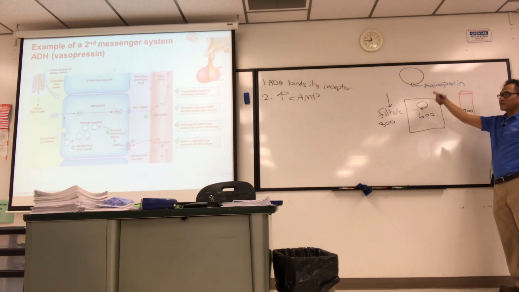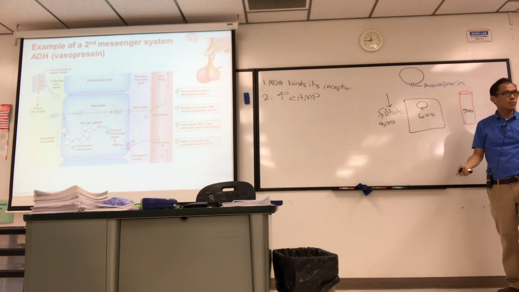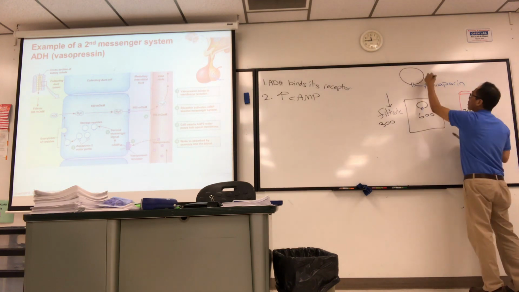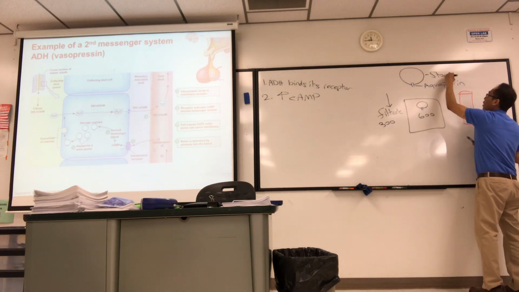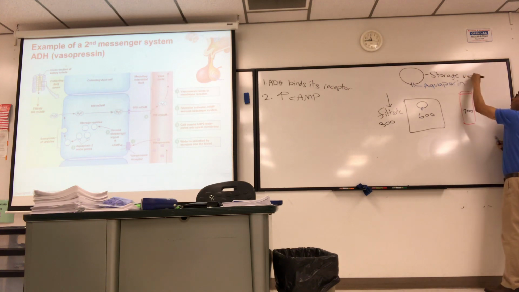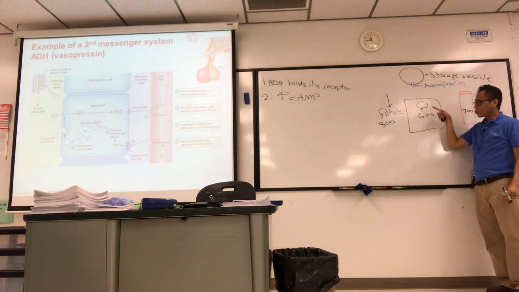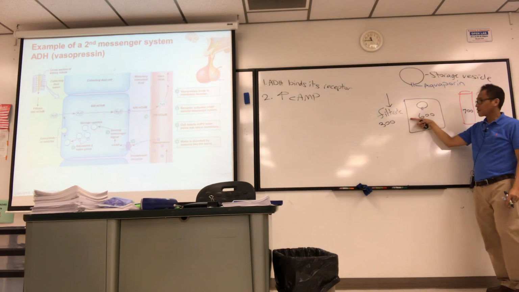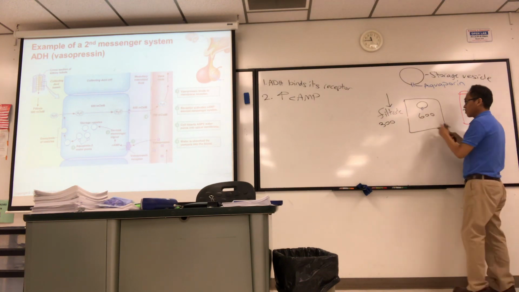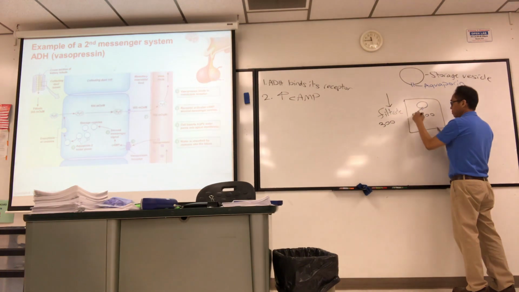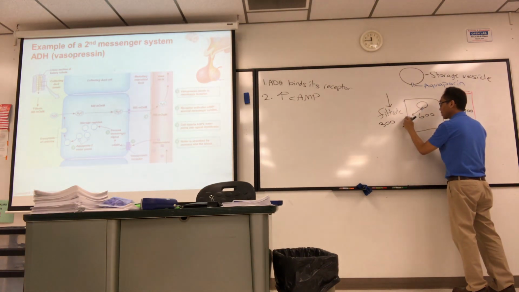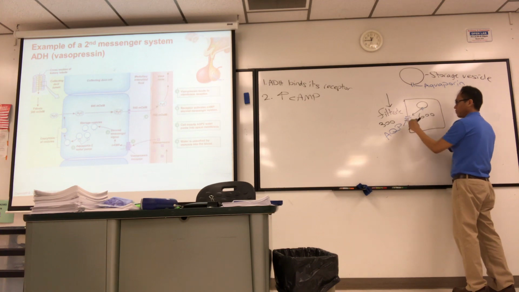The rest of the black thing that they illustrate is the so-called storage vesicle. You want to take that aquaporin and stick it in the other side, say right there. Aquaporin, AQP as an abbreviation.